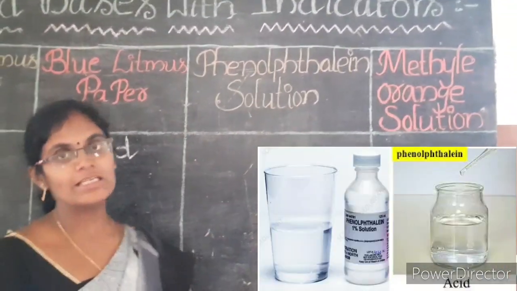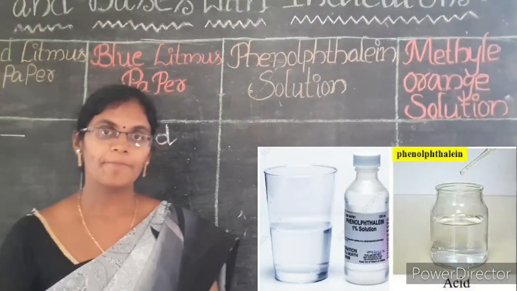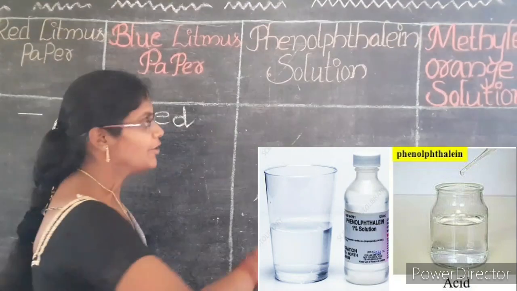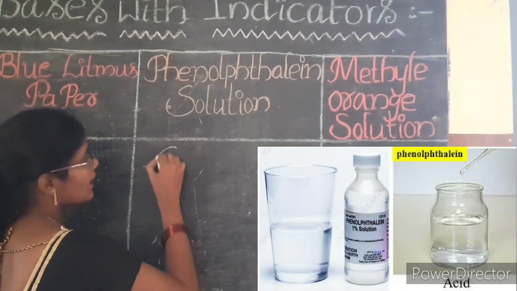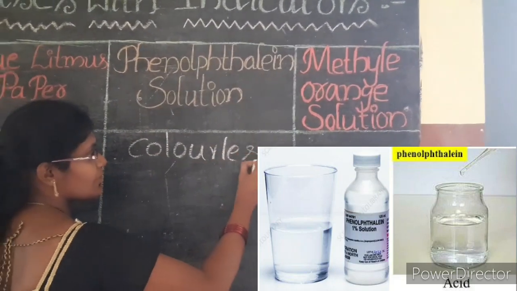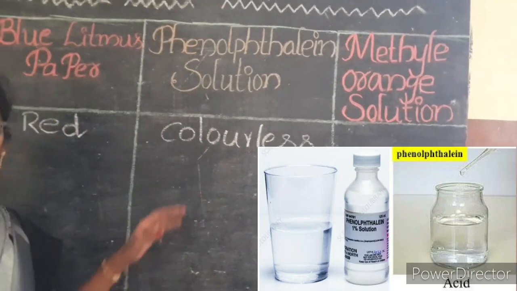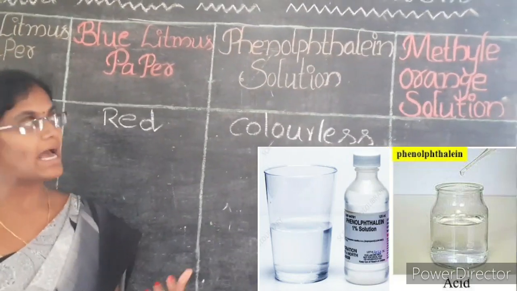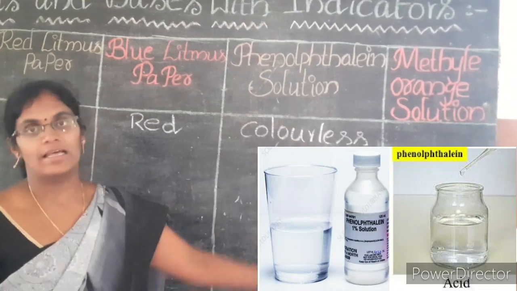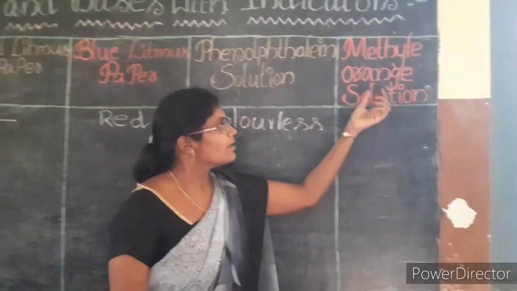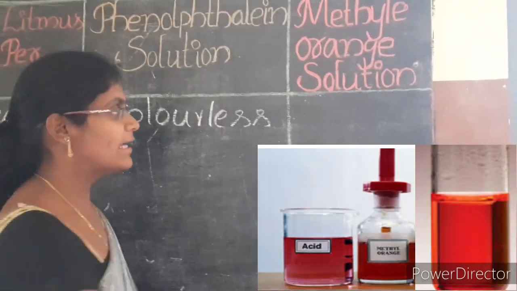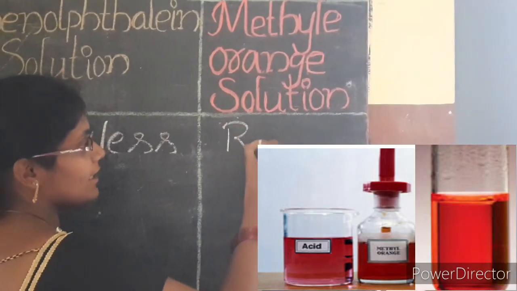Next, how does the phenolphthalein solution change its color? When we add acid to phenolphthalein solution, it remains colorless. Similarly, how does the methyl orange solution change its color with acid? Yes, red color.